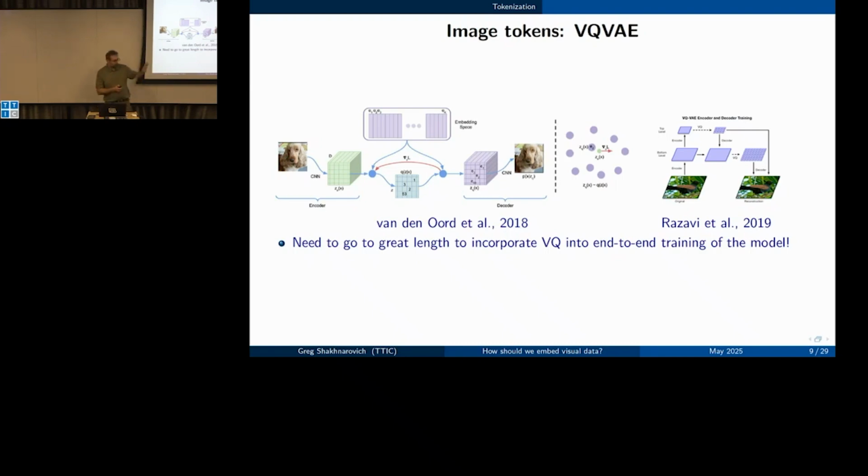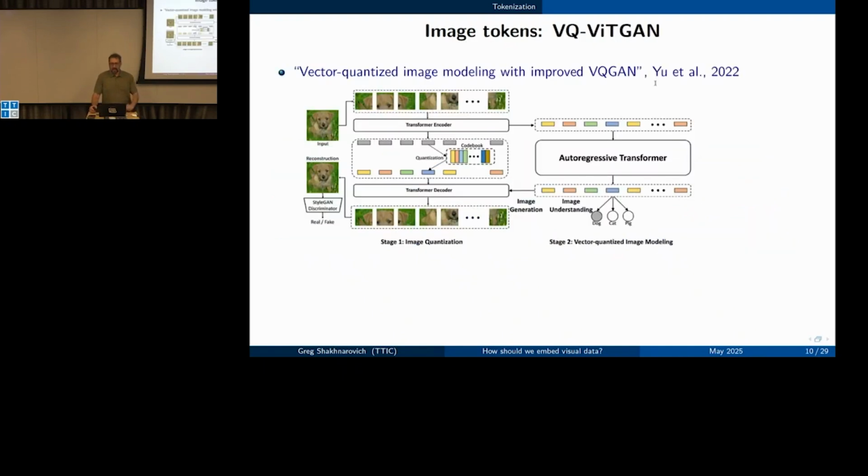And the main reason they wanted to do it is that if you want to generate an image, I'm not going to get into details of generation here, but the first thing you need to do is generate this matrix of integers. And it turns out it's a lot easier to do with various models than generating real valued vectors. So that makes sense, and that was inspired to some degree, I think, by progress in language. Here's another model called VQ-ViT-GAN. I'm curious, who has heard of VQ-ViT-GANs?